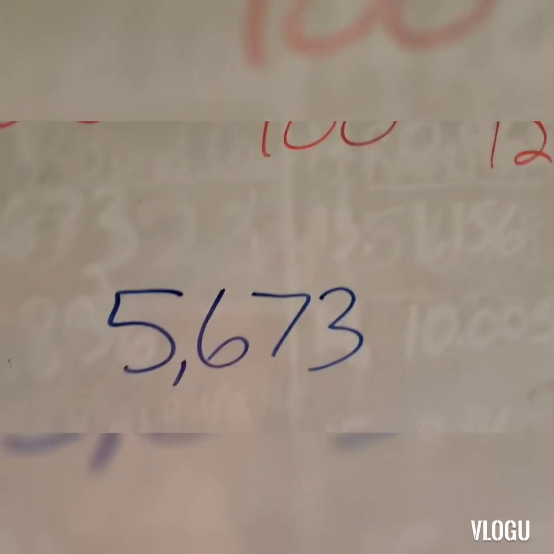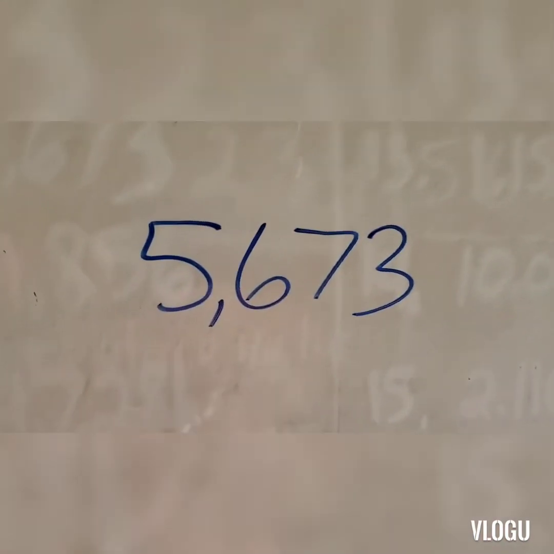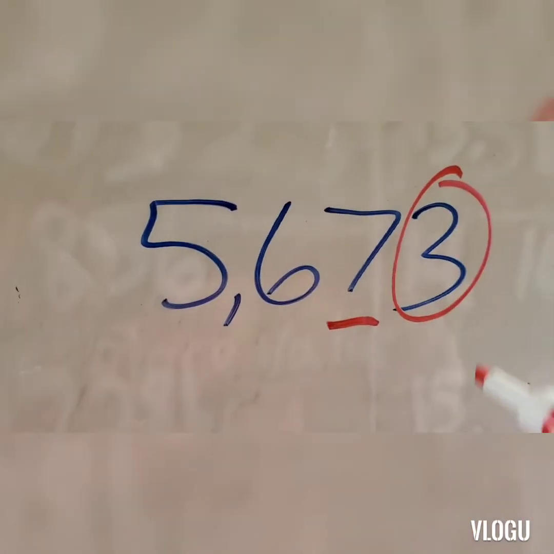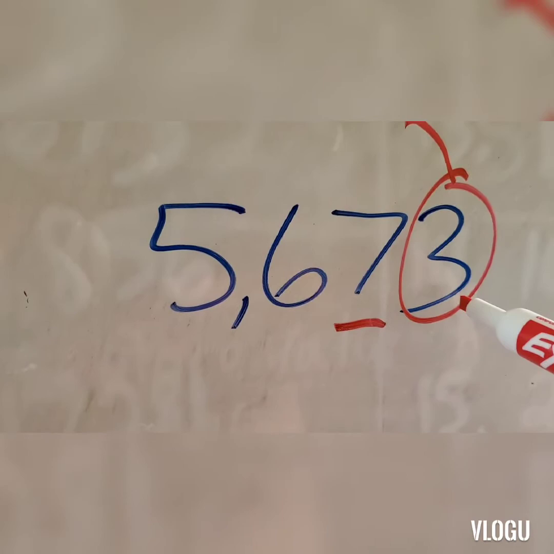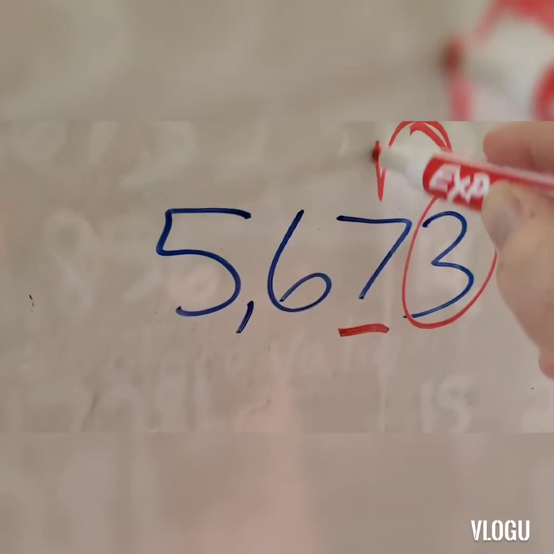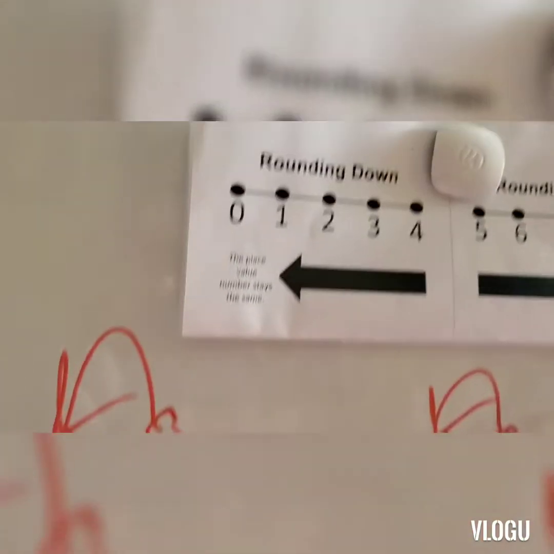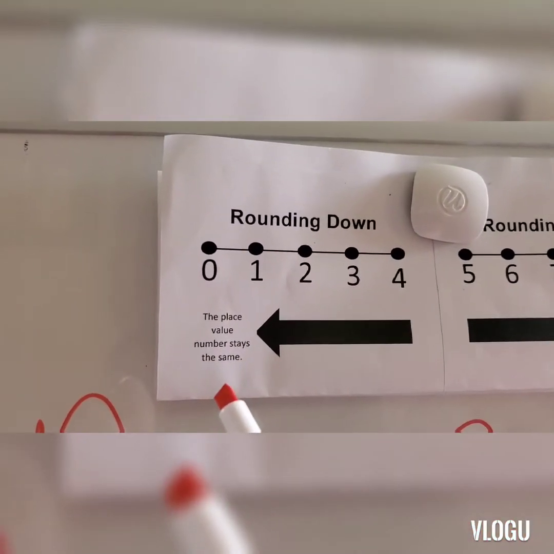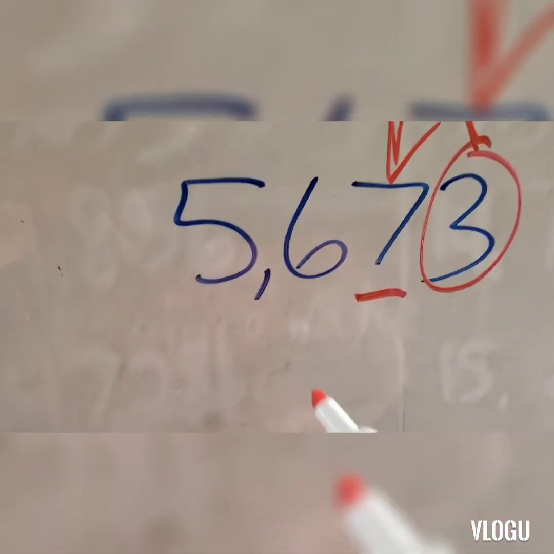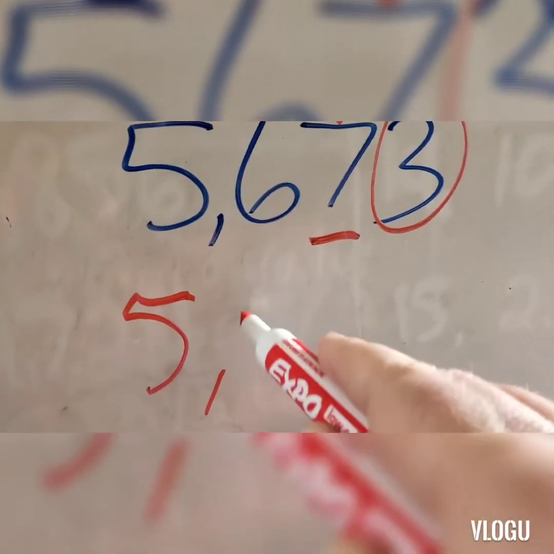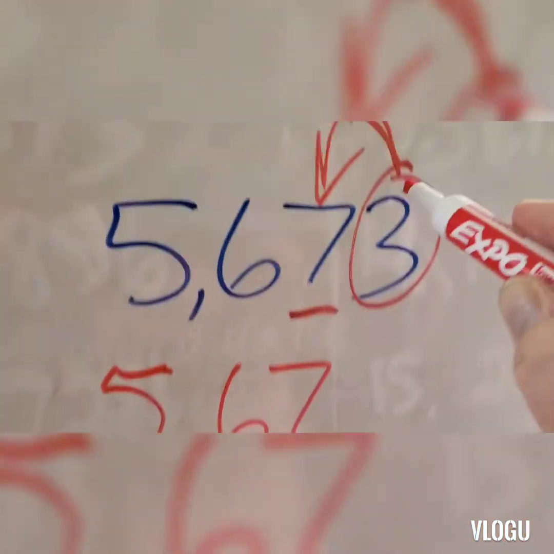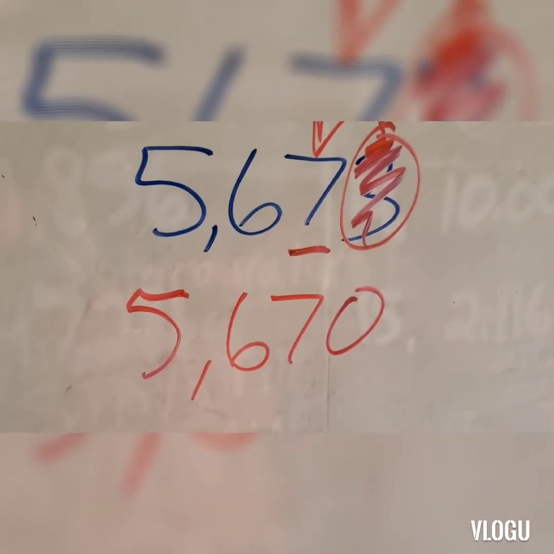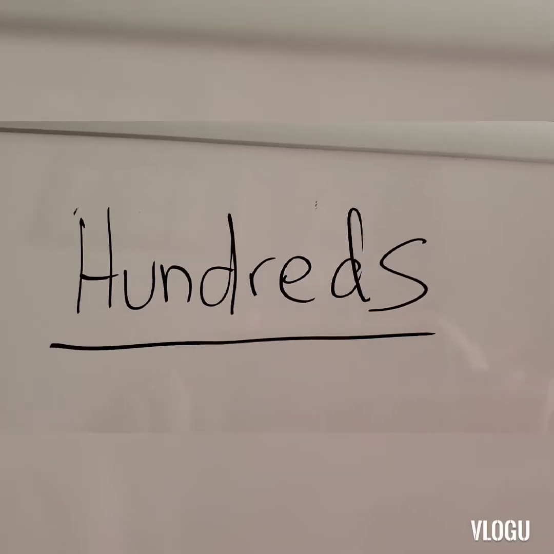And number 5, 5,673. Underline the 7, circle the 0, circle the 3. The 3 tells the 7 what to do. Consult the chart. The 3 tells the 7 to stay the same. So 5,670. That's the answer to number 5.